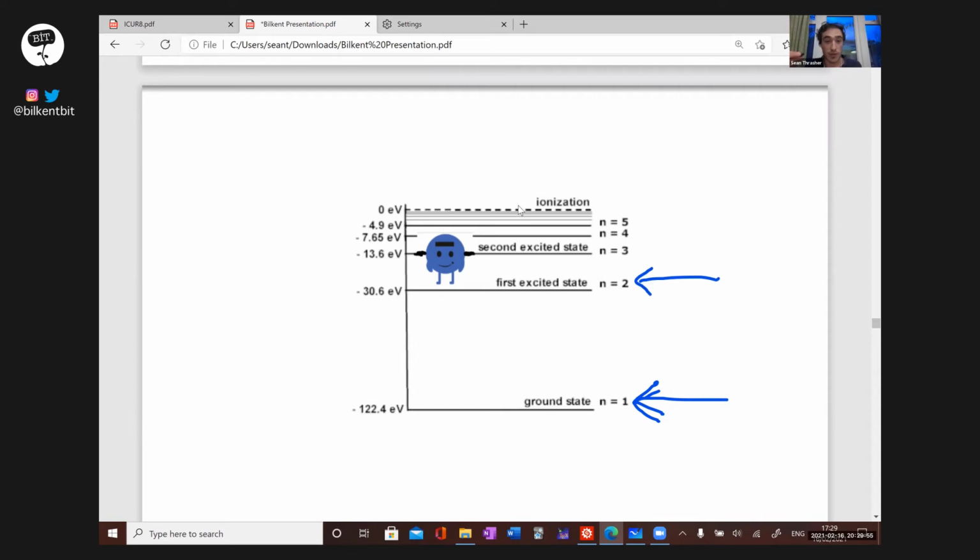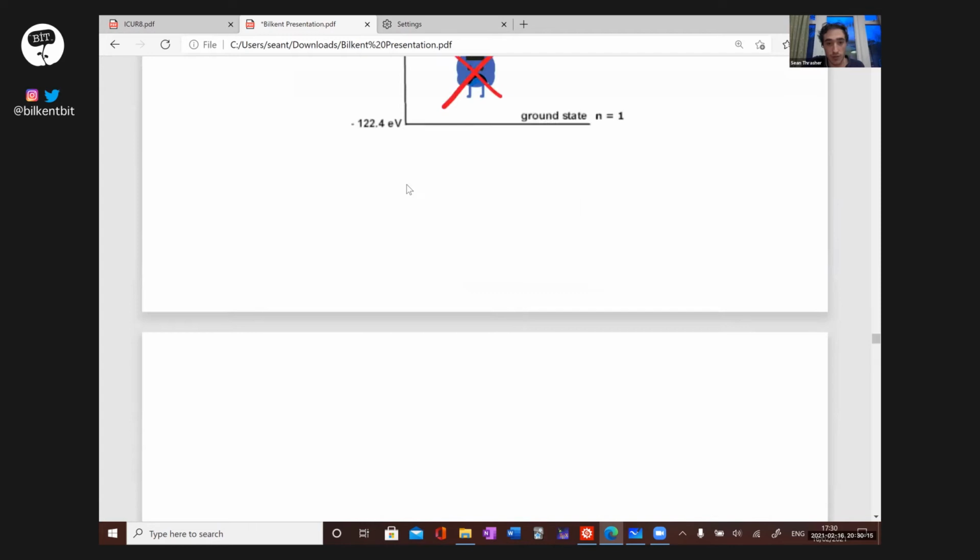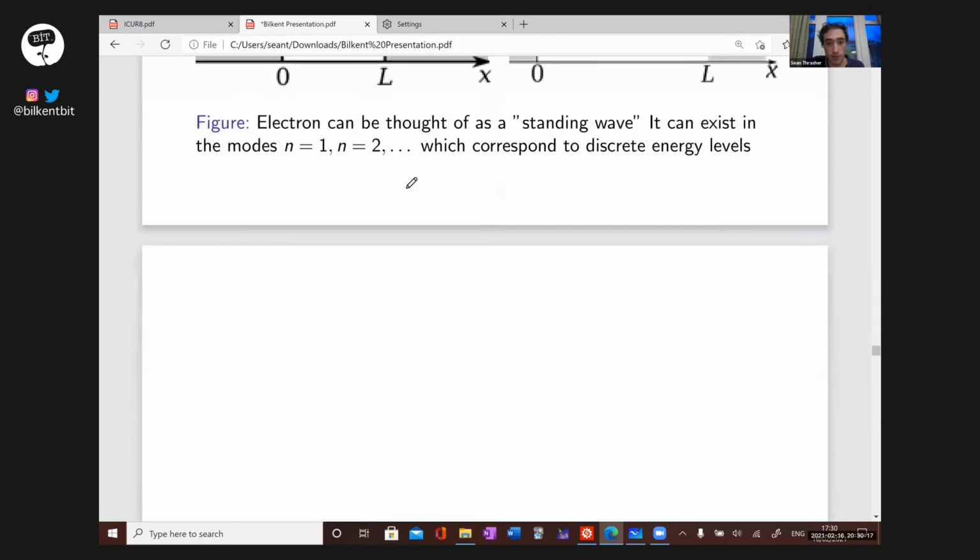So it's very, very different from everyday experience. The electron will just decide last minute where it wants to show up, and the best you can do is guess how likely that will be.